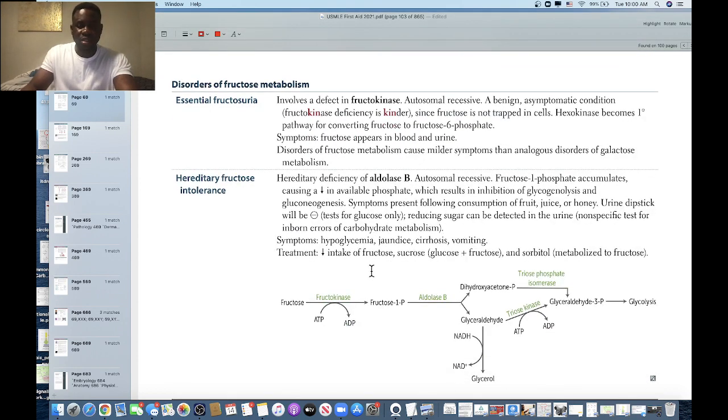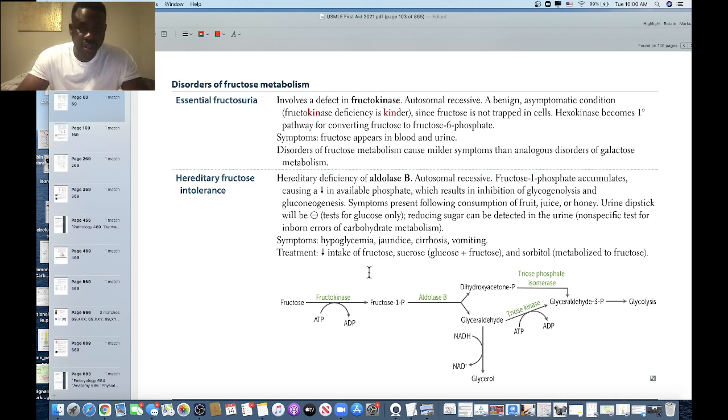Disorders of fructose metabolism. So now we have two disorders of fructose metabolism. One is essential fructosuria, and the other is hereditary fructose intolerance.